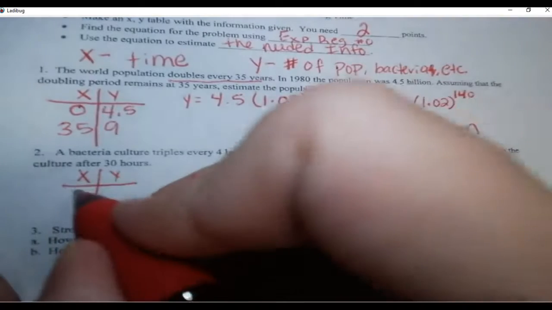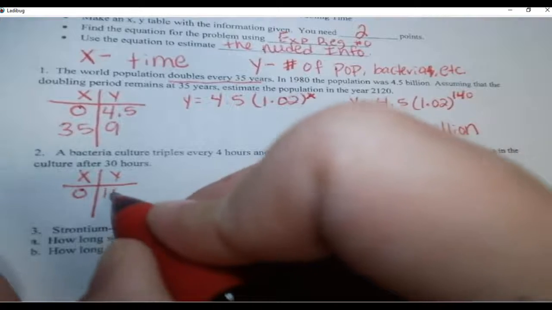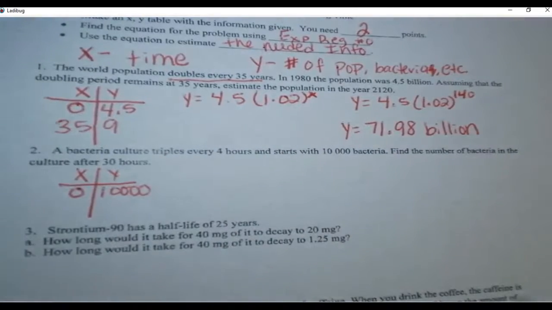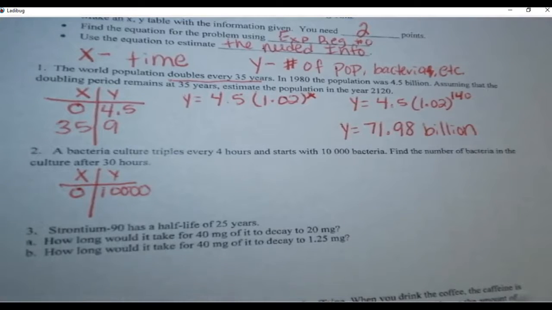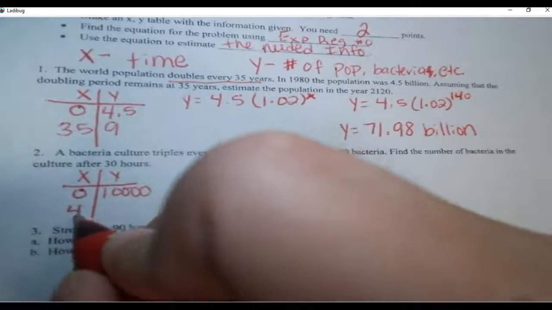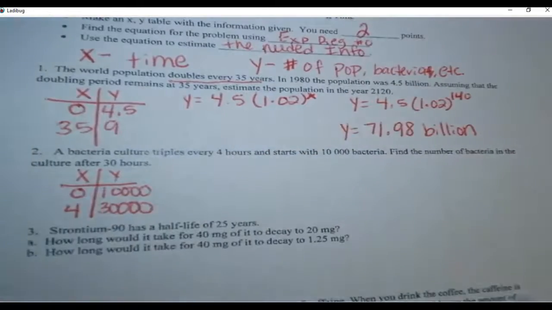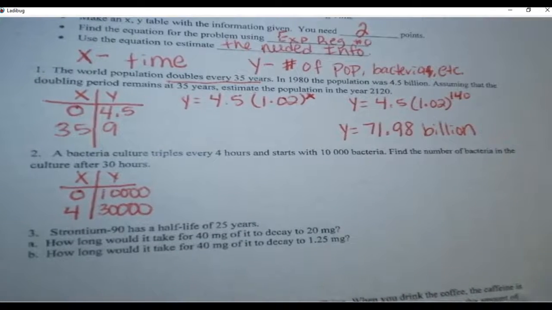So at hour 0, we've got 10,000 bacteria. But then 4 hours later it triples. So how many do I have after 4 hours? Good, 30,000. And those are our 2 points.